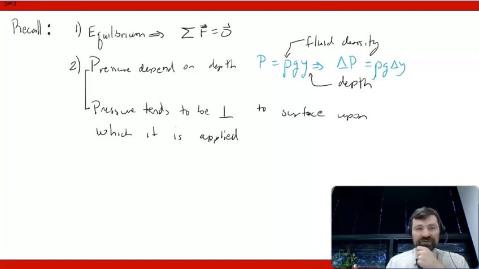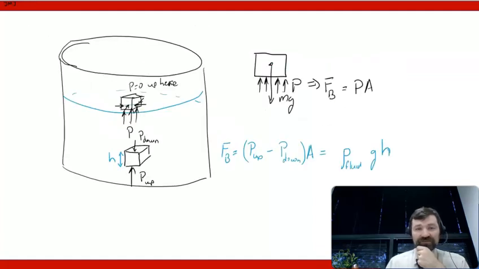But delta y is just whatever the height of the object is. Put differently, from the top of the fluid to here might be y1, and from the top of the fluid to down here might be y2. So delta y, y2 minus y1, is just the height. All of that is times the cross-section area A.